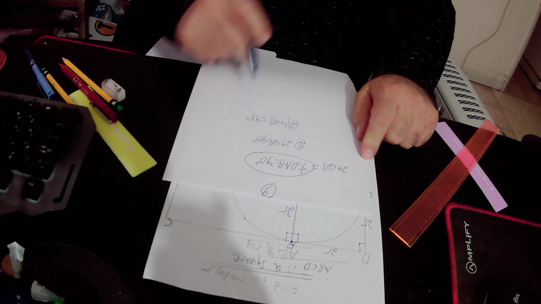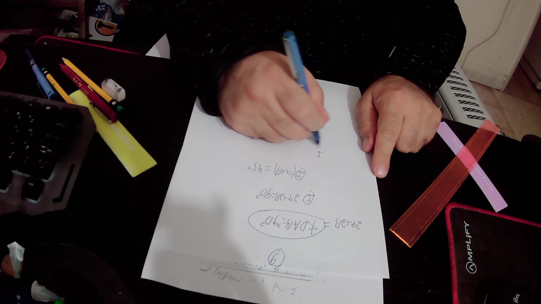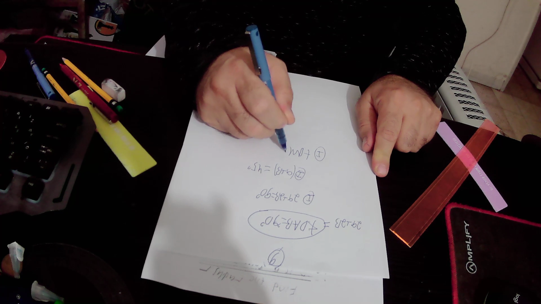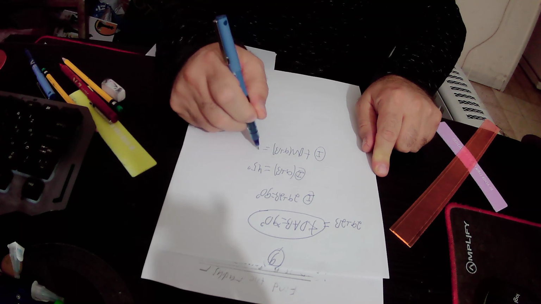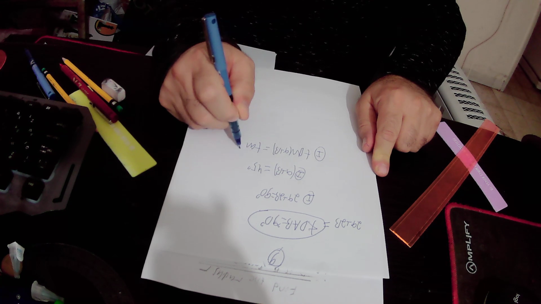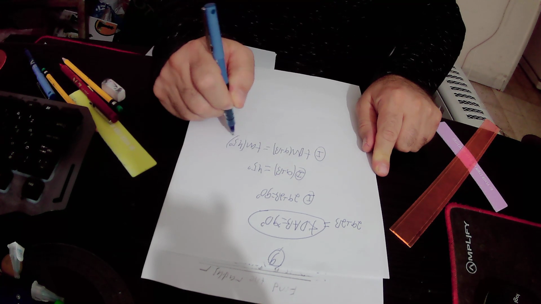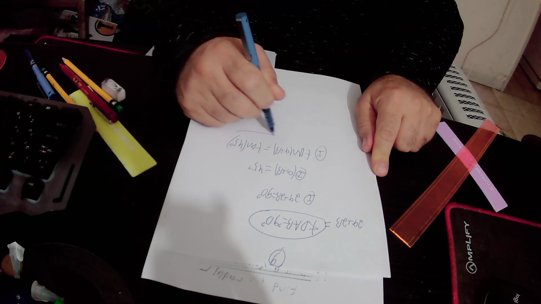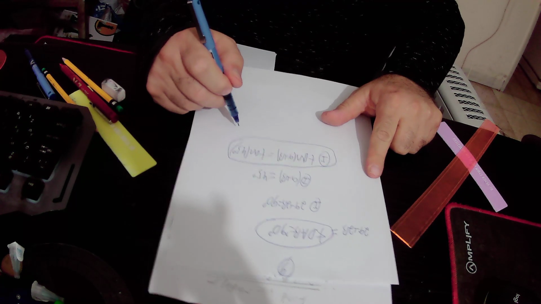But if alpha plus beta equals 45 degrees, then tangent of alpha plus beta will be equal to tangent of 45 degrees. Very simple. But tangent 45 degrees equals 1.